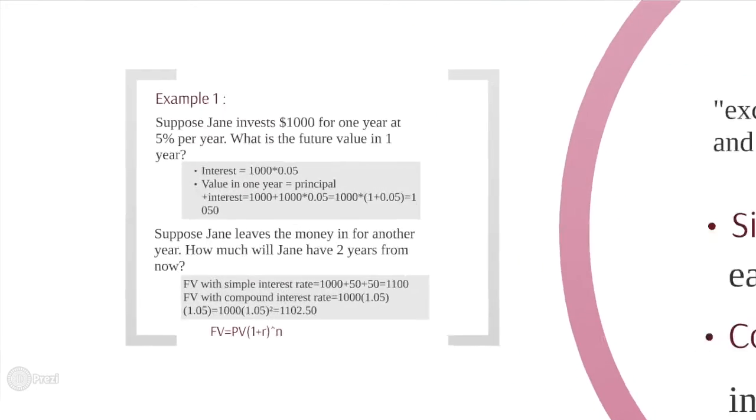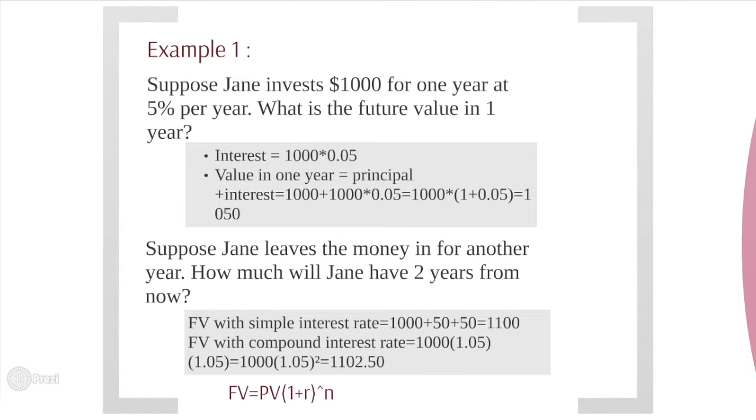So there is an example. Suppose Jane invests 1,000 for 1 year at 5% interest rate per year. What is the future value in 1 year? For solving this problem, first we need to find the interest. So the interest will be the principal times the interest rate, which equals 1,000 times 5% here.